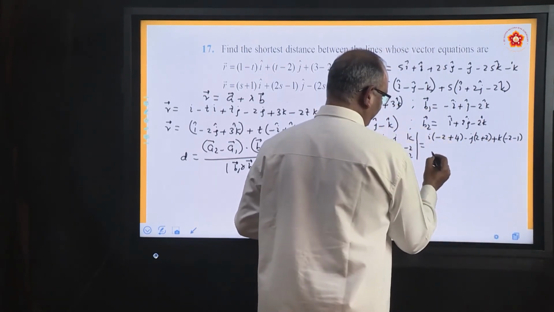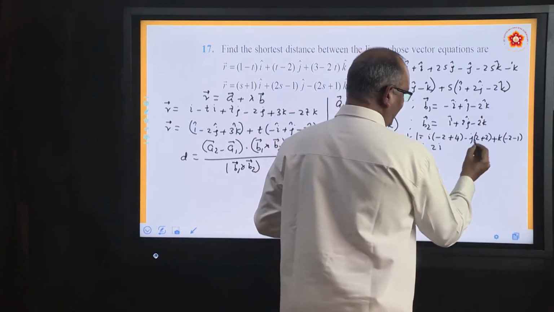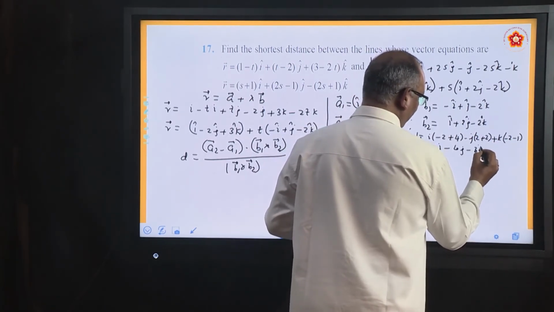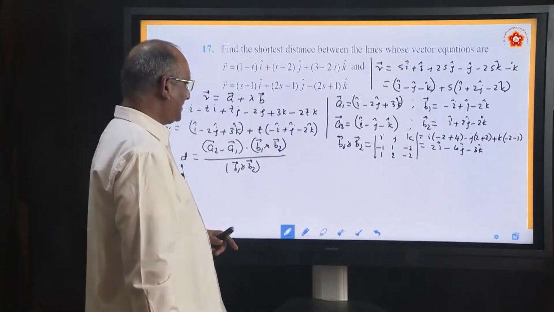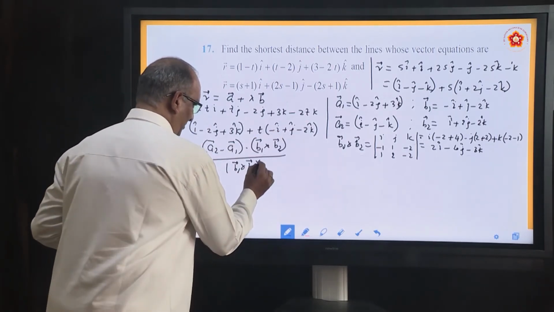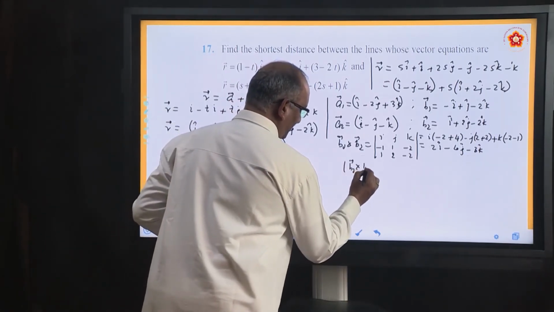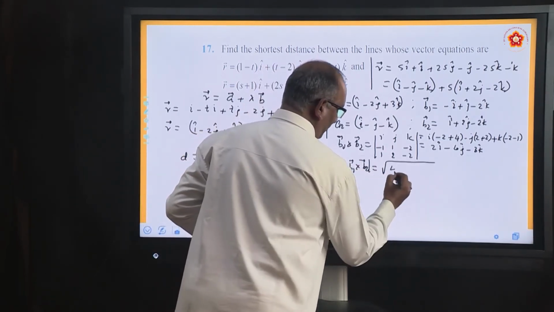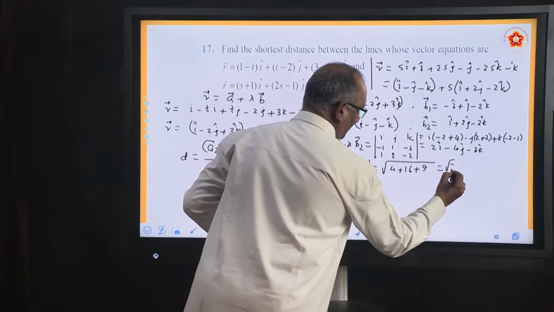Simplify it further. This is 2i, this is minus 4j and this is minus 3k. We got B1 cross B2. Not only that, we also want the modulus. Modulus of B1 cross B2 equals under root of 4 plus 16 plus 9, equal to under root of 29.